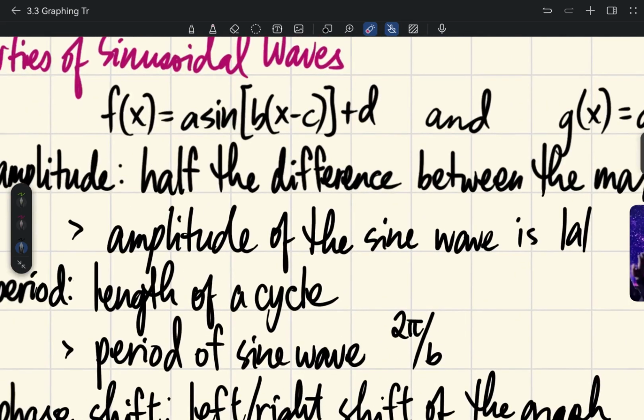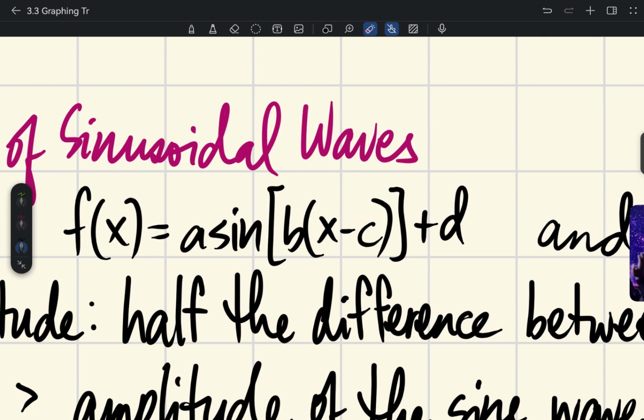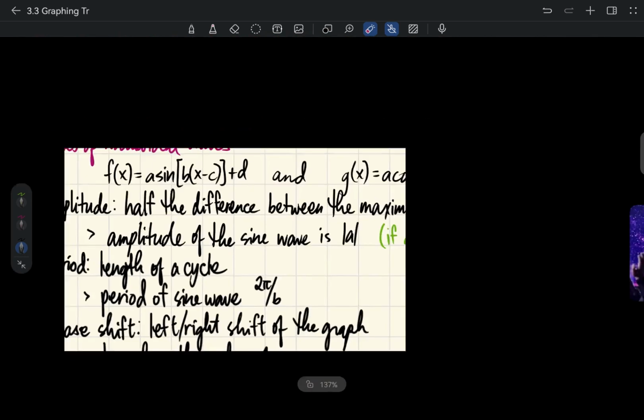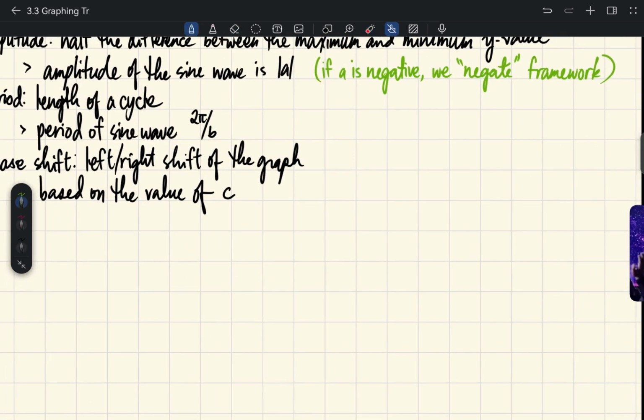And if we look at the function right here, the one that's affecting x is your C. This one has the direct effect on your x values. So the phase shift is based on the value of C. And how does this one affect the graph of your sine function? First, if your C is greater than 0, then you have a right phase shift. But if you have a negative value for C, then its effect is a negative or a left shift.